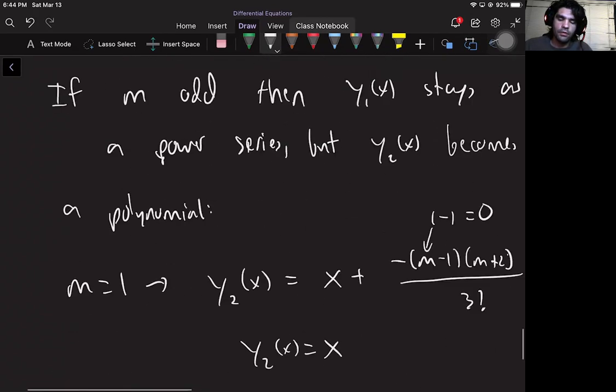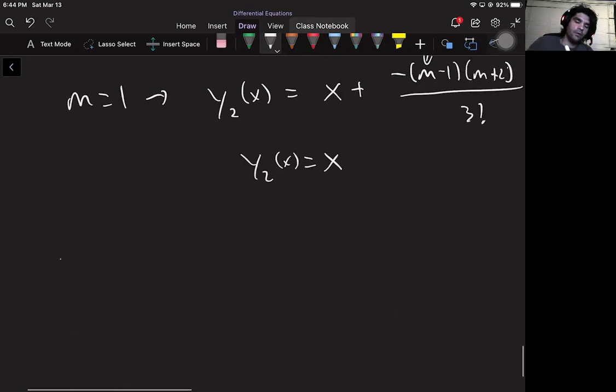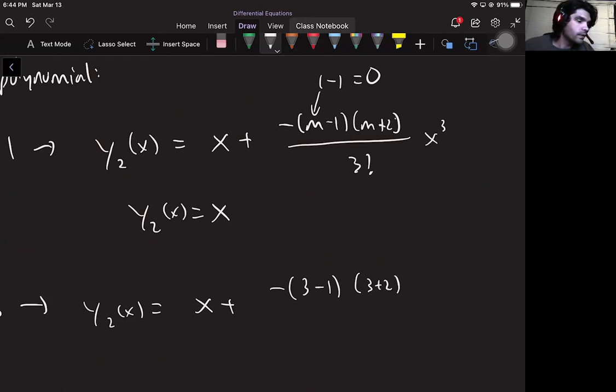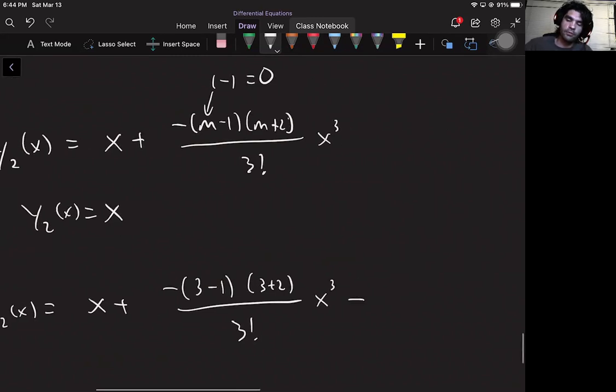And you could do y3, which solves the differential equation for m equals 3. So then it would be x plus negative 3 minus 1, 3 plus 2 over 3 factorial x cubed. But then the next one would be 0 because there would be an m minus 3.